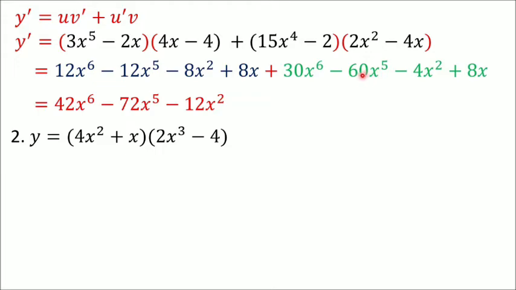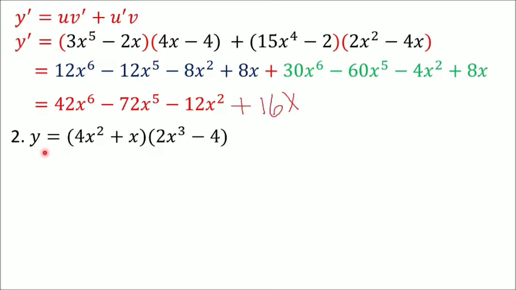So, add them, 60 and 12, so it becomes negative 72x to the 5. And then, all those with square. We have negative 8x squared, then negative 4x squared here, so negative 12x squared. Okay, this is incomplete, there should be a continuation. We have here 8x plus 8x, there should also be 16x. There is a continuation, plus 16x.